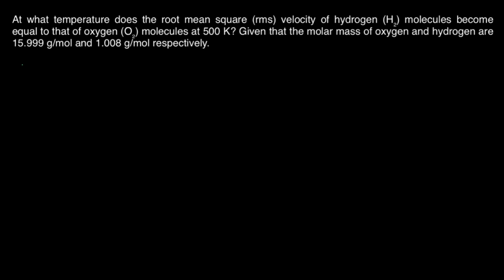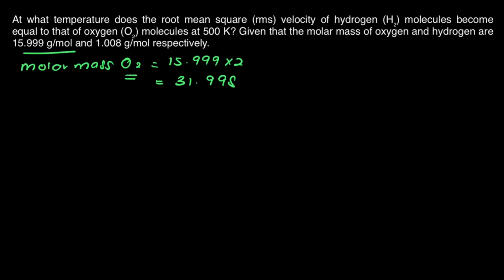So the molar mass for oxygen is equivalent to 15.999 times 2 because oxygen is a diatomic gas, right? So you will get 31.998 gram per mole.